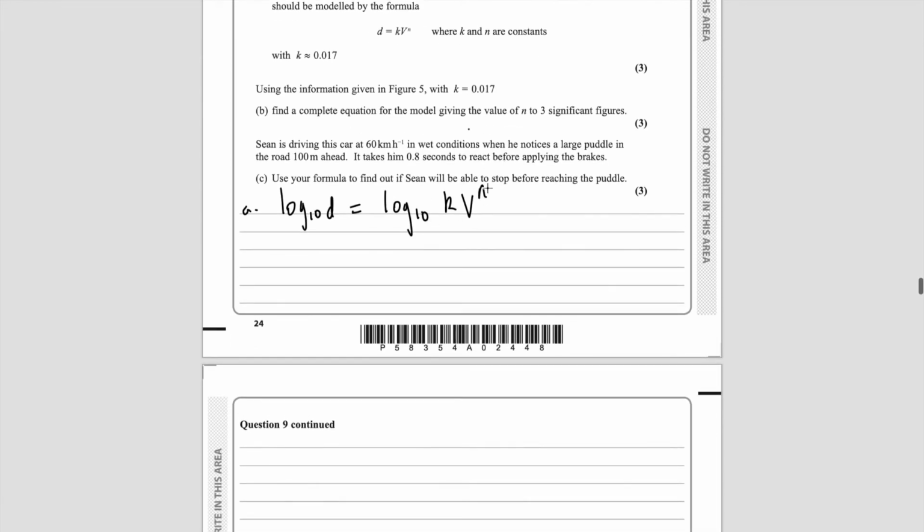Here we can see that we have a term that's being multiplied within this logarithm, so we're going to apply our addition rule here. So we have log base 10 of v to the n plus log base 10 of k. And we're going to be taking this index now to the start of this log, using our index law that we'd associate with logarithms.